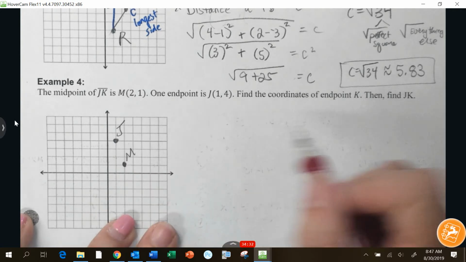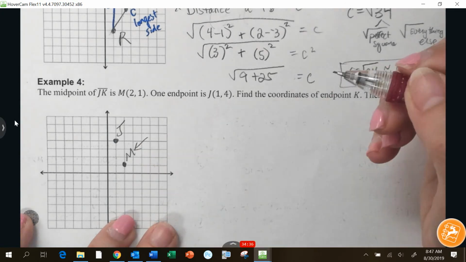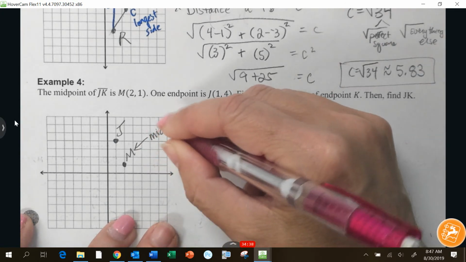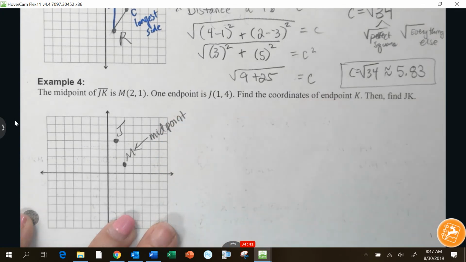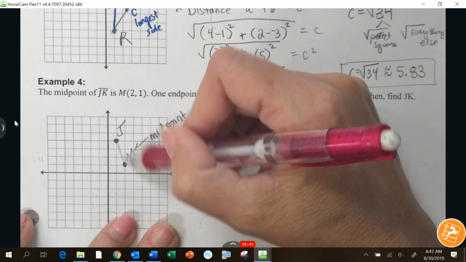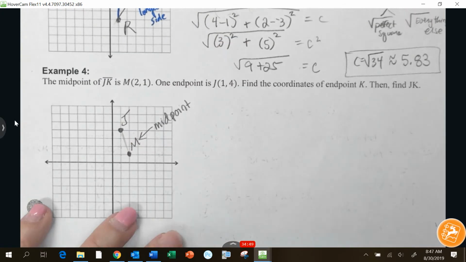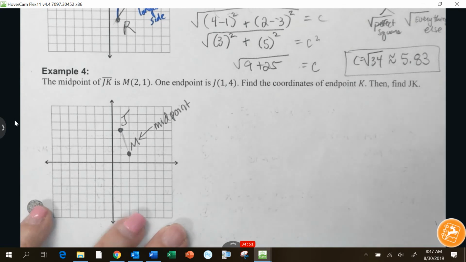So we're looking here, let's see. M is the midpoint. So here's J to M. Somewhere-ish, you don't have to tell me the numbers, but where does K have to be? You might even have the answer.